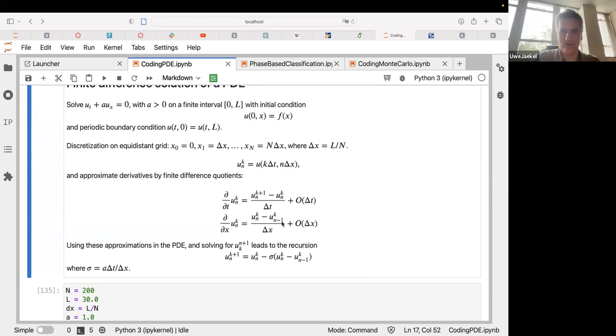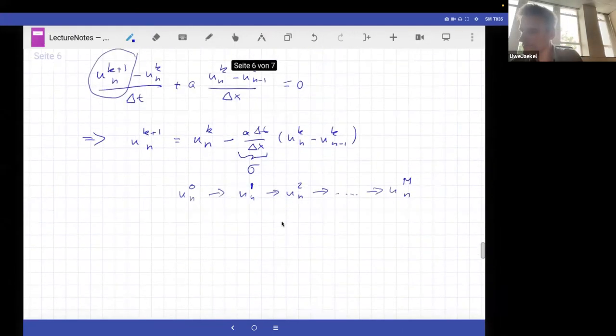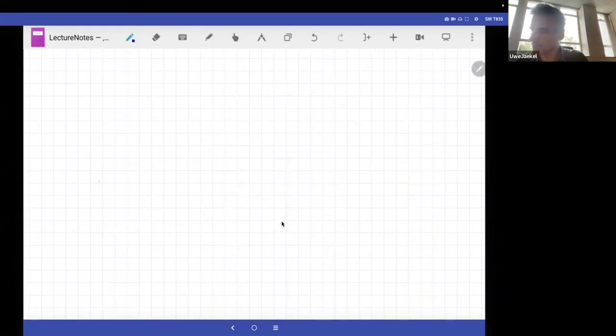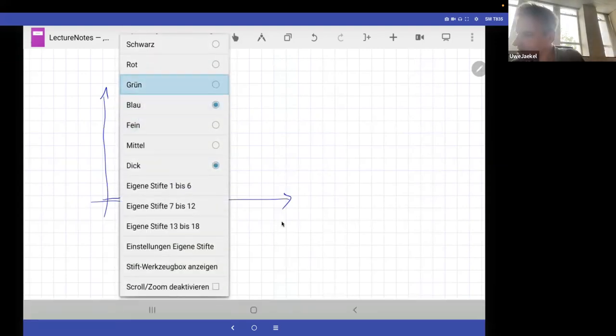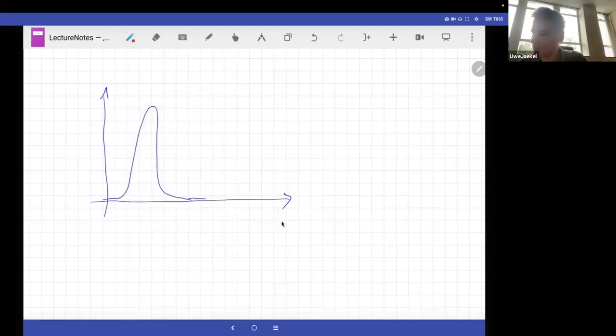Let me show it on the whiteboard. So we had our initial condition, and I print this solution in red. So we know what happens with the solution.